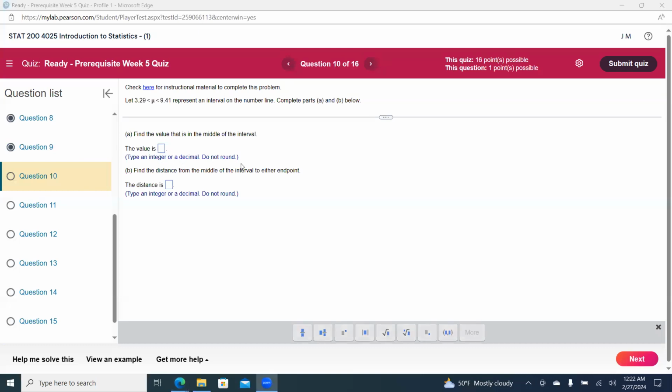Yeah, if that's the middle there, and then the distance is just the height, 9.41 minus the middle.